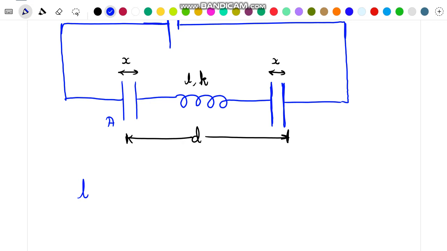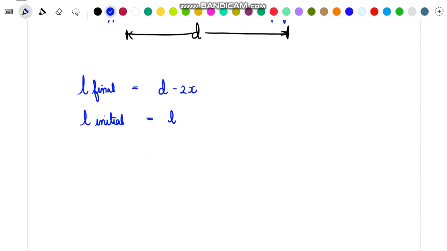Now we can write the final length of the spring to be equal to D minus 2x, while the initial length of the spring given in the problem was L. So from here we can find the extension in the spring, which will be equal to the final length minus the original length.